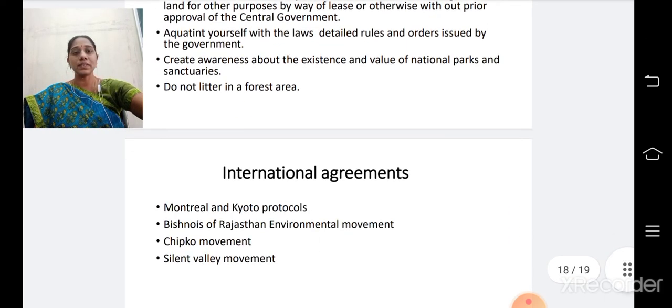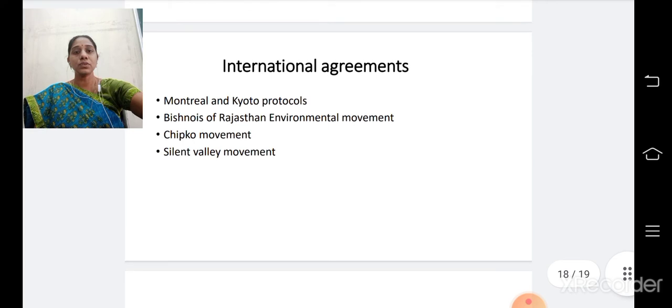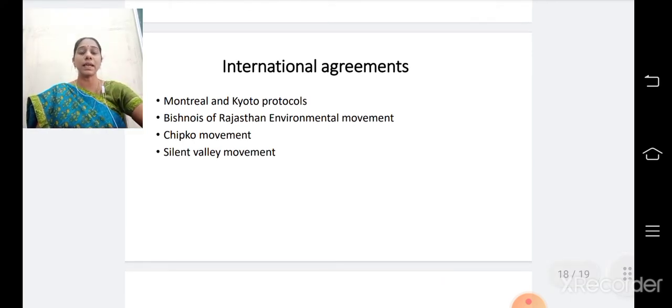All these are different conservation methods. See here some international agreements also. Montreal Protocol, Kyoto Protocol. The Montreal Protocol came to avoid ozone depletion. Chlorofluorocarbons and different gases are coming from refrigerator factories, ACs, fridges.